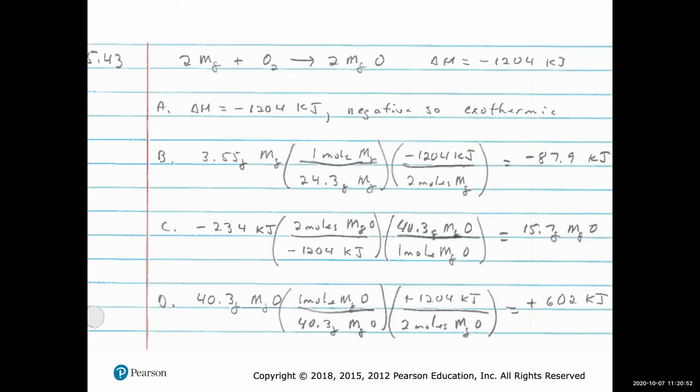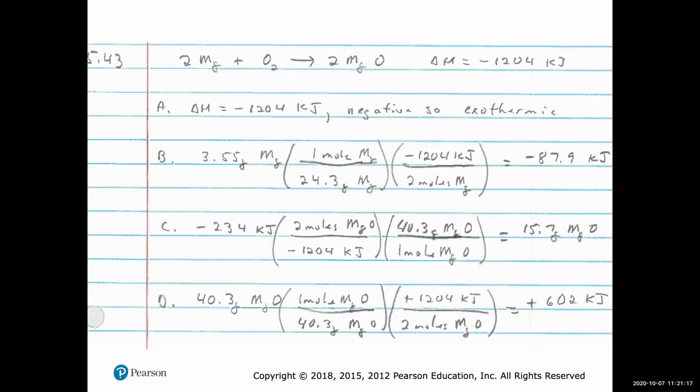Here's another example of using dimensional analysis to convert, in this case, from kilojoules to grams, previously from grams to kilojoules. And also it shows the importance of moles, and so need to be comfortable calculating atomic weights, molecular weights, things like that. Let's look at the last question on this, D.